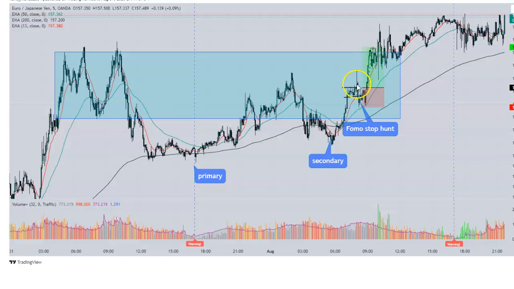This is the FOMO, and that's what I want to put my focus on in these kinds of trades, the moment that everybody becomes fearful of missing out. They stop out everybody, and then that'll be my entry for a 15 pip stop loss, which is not a bad stop loss at all. But yeah, as you can see, it made new highs. This was a great trade.